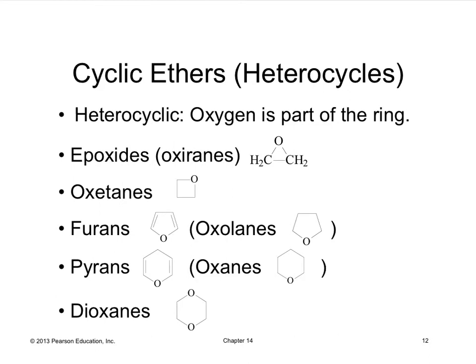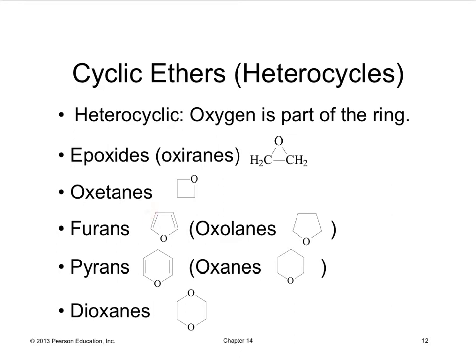Cyclic ethers, otherwise known as heterocycles, have oxygen as part of the ring. We already know epoxides from last semester, or oxiranes. When it's 4-membered, it's called oxetane. When it's 5-membered, it's called oxolane.